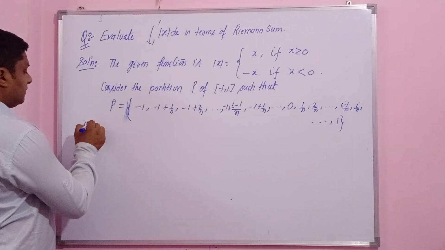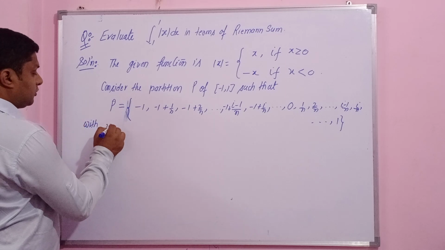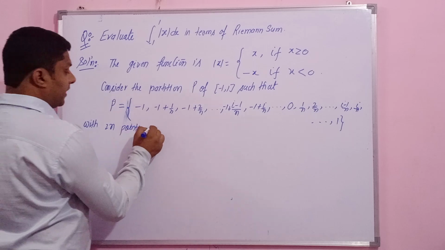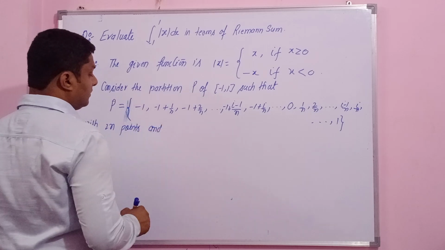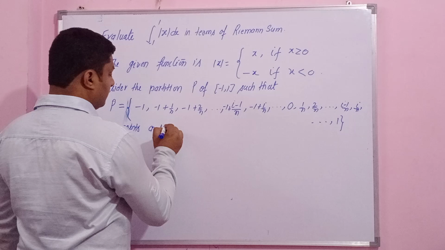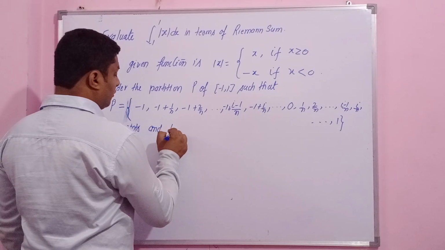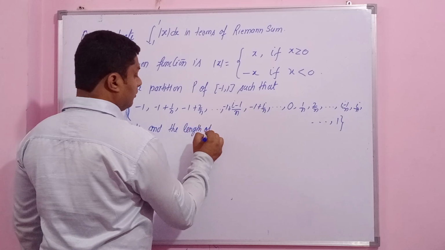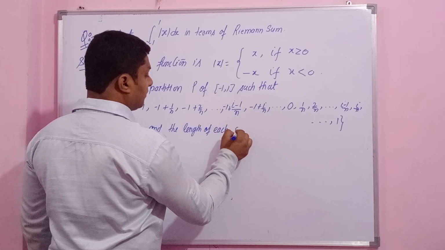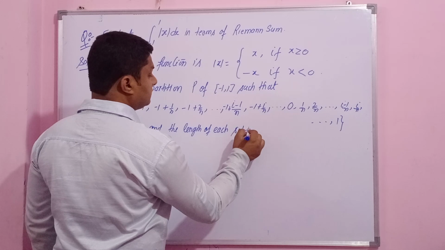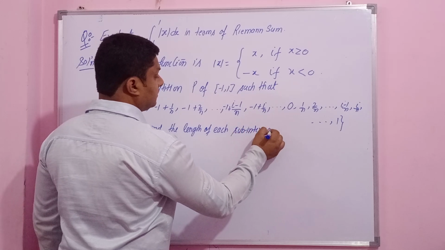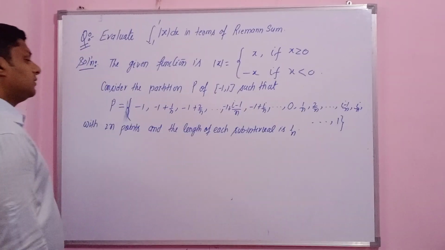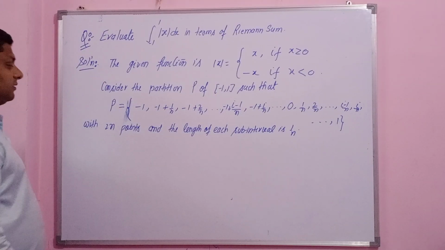With 2n points, the length of each subinterval is 1 by n.